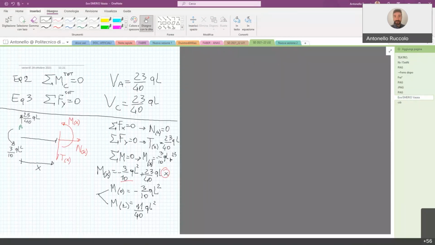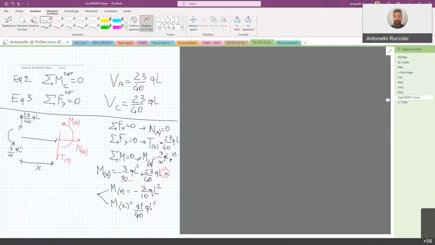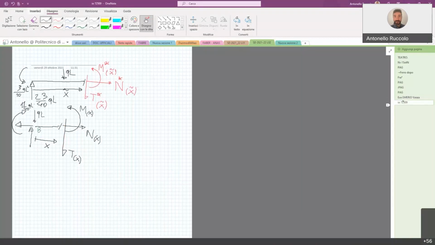Tx is equal to 23 over 40 QL, and M in L is equal to 11 over 40 QL. Okay, and then we have the shear force, I don't remember it, 23 over 40.